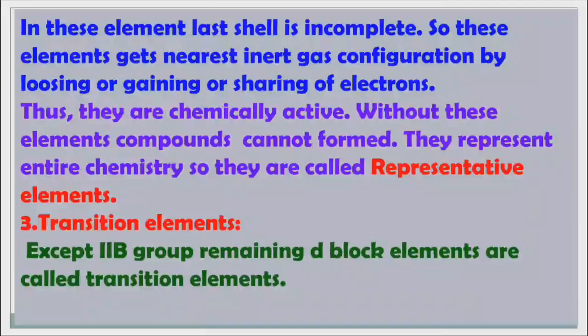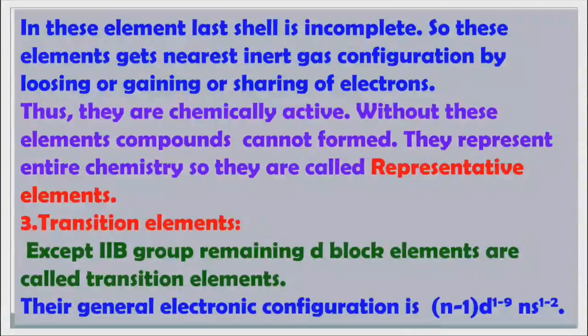In second B, zinc, cadmium and mercury are there, and in those elements the d orbital is completely filled. The general electronic configuration for transition elements is (n-1)d1 to 9 ns1 to 2.